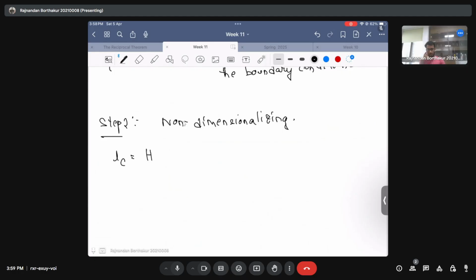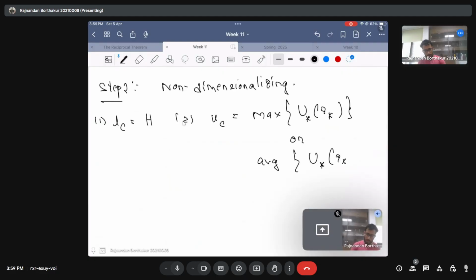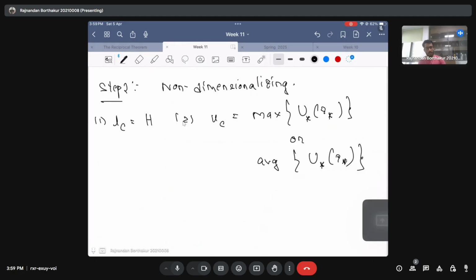That is the height of the channel. This is 1. The characteristic velocity scale, we'll call it max of u star of z star. Either you can consider it as the max of this, or you can consider it as the average of u star of z star. You can consider any of these as your characteristic velocity.